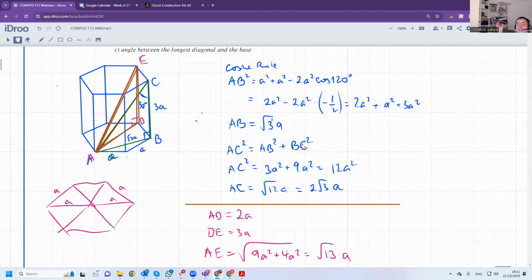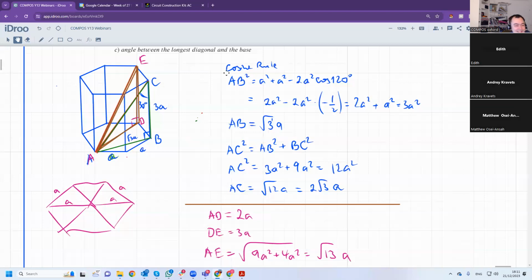That's pretty much like 90% of the cases. The hard part about 3D geometry is trying to imagine stuff. But if you always focus on looking for a suitable triangle, you should be successful in all your 3D geometry endeavors.